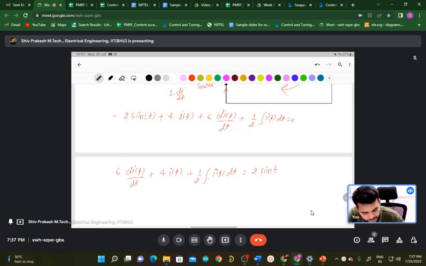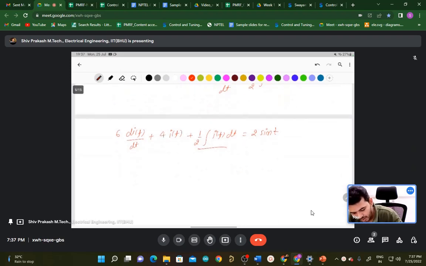You remove the integral sign here by applying the differential once again, meaning you differentiate the equation once again. Then you find 6 d2i/dt2 plus 4 di/dt.